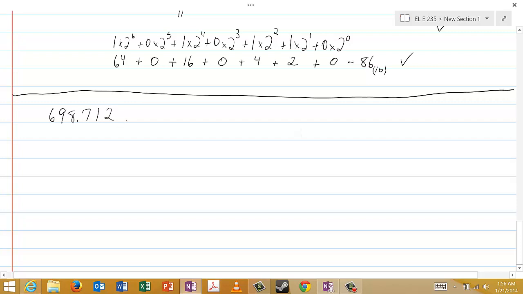Or we might see, we'll say this is base 10, we might see a number like this. But you notice that each one of those digits that we use is less than 10.